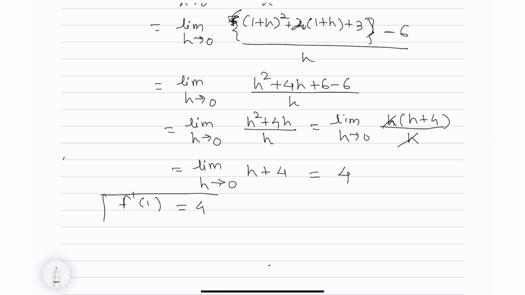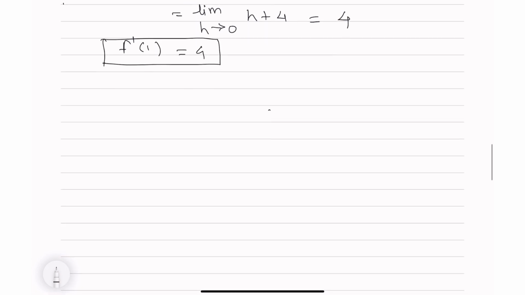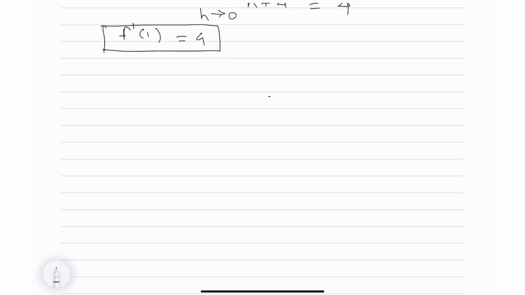This is the answer. Now we are finding the derivative at 3, which is equal to limit h tends to 0 of f of 3 plus h minus f of 3 divided by h.